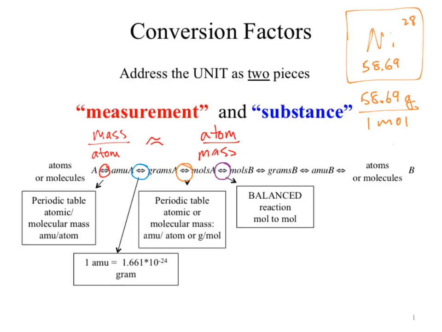Avogadro's number? The 6.02 times 10 to the 23rd is what? So Avogadro's number. When you think about that, you should be thinking about it as a number. What that's going to relate is the number of something to the number of something else.